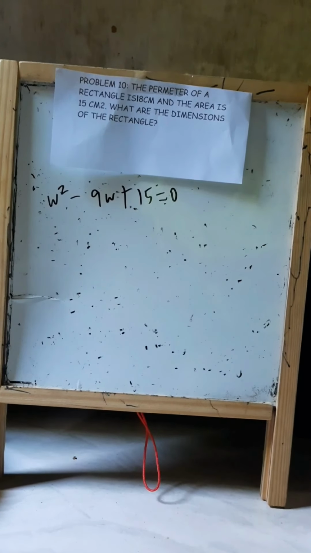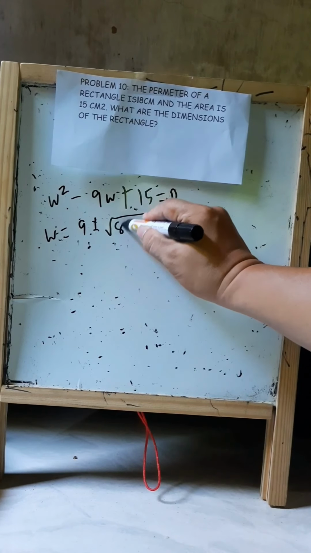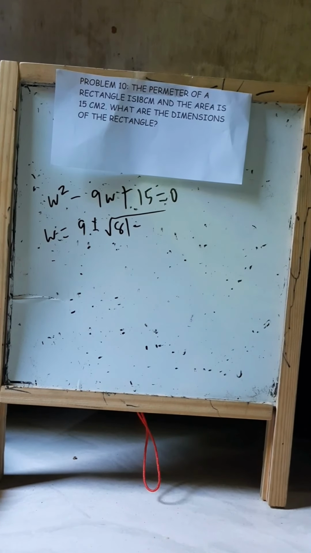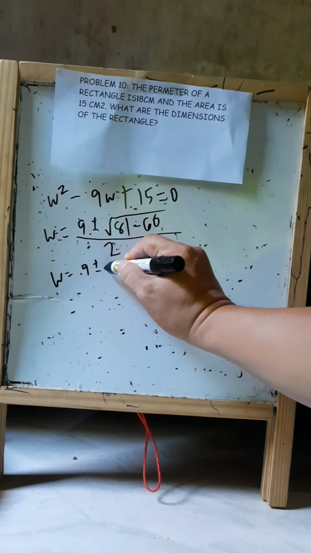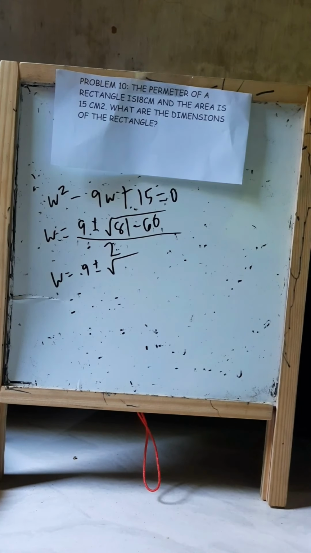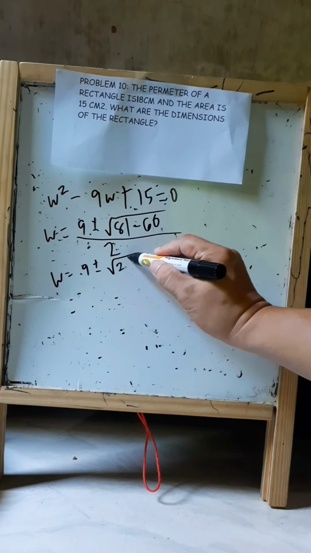Solving for W by quadratic formula, we have negative b plus and minus square root of b squared minus 4ac, 4 times 1 times 15 is 60, all over 2a, 2 times 1 is 2. So we have 9 plus and minus square root of 81 minus 60, this is square root of 21 over 2.